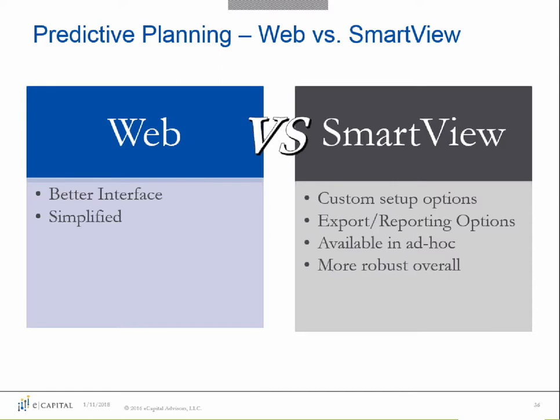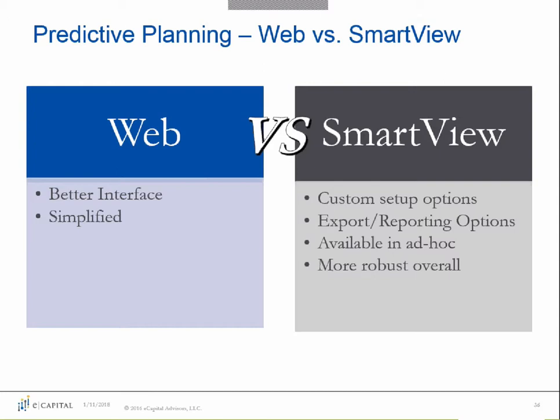So since we've looked at web versus SmartView integration, in my opinion, the web integration has a better interface and is more simplified. If you're looking to just do some light statistical analysis and maybe even seed your budget or whatever, and you don't have specific needs, I think the web integration is great because it's going to have all those default values picked for you already.